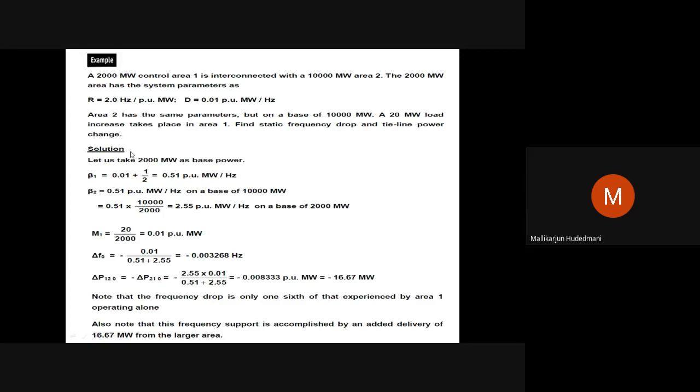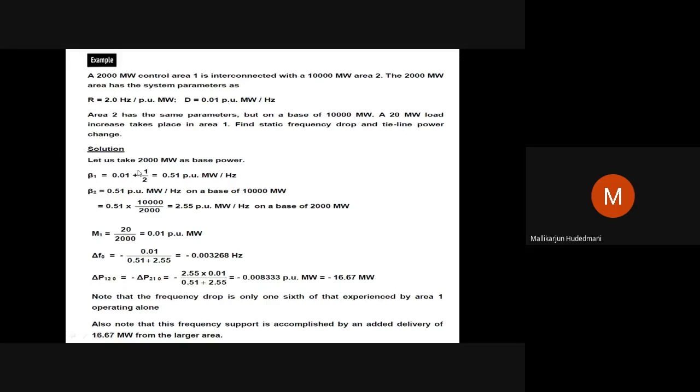Then let's see here again, the 2000 megawatt base reference is mentioned. Then the hidden base of the system here is 2000. Can you see here? Then let us take 2000 megawatt as the base power and compute what R1 and D1 are for that. Let's see.